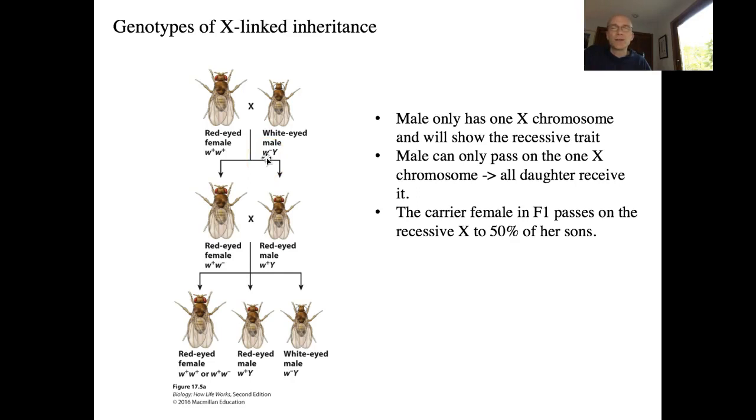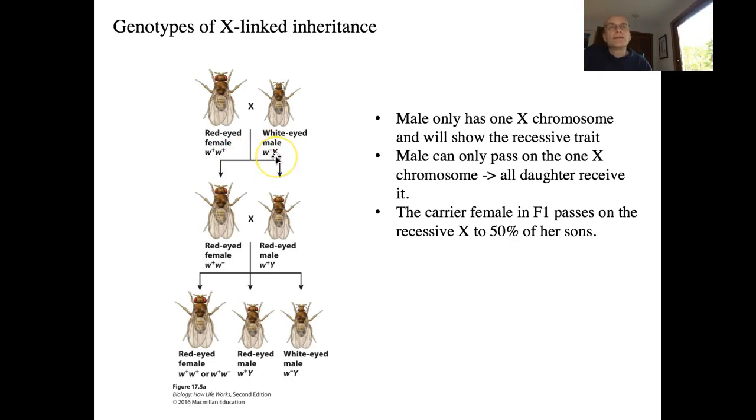Sometimes it's not so clear to tell which one is mutant and which is normal, right? So it's just two different traits. So if we look at this cross and we look at the genotypes, we see that the red-eyed female has the W plus, so two chromosomes, both of them carrying the dominant trait, and the male has the W minus, but only on one chromosome.